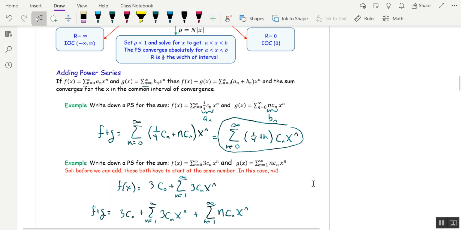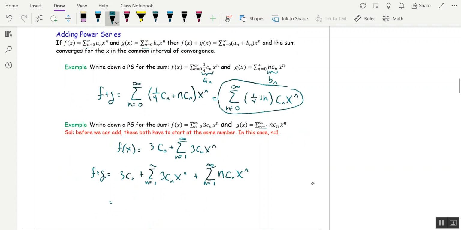And so when I add, I get 3c naught plus a single summation sign, n equals 1 to infinity, of, I'm going to add the coefficients. I've got 3c_n plus n c_n, so that's (3 plus n) c_n, and then a single x to the n.